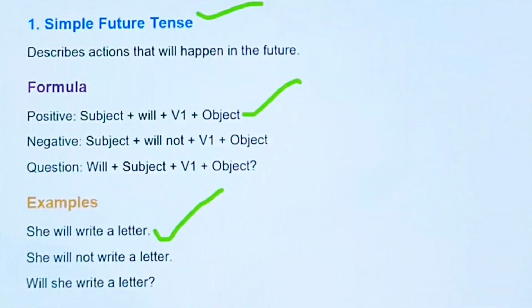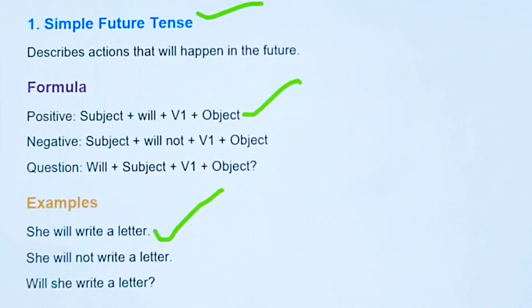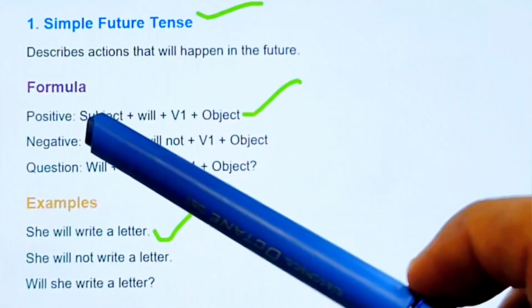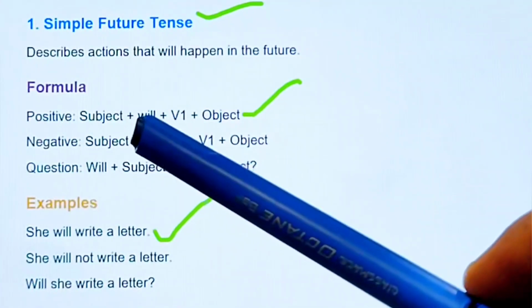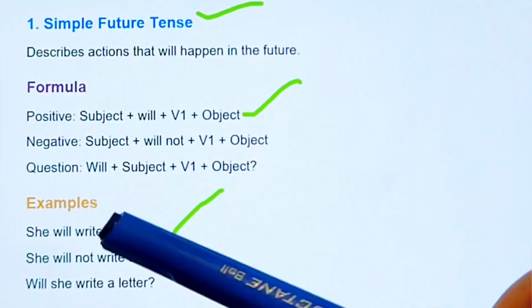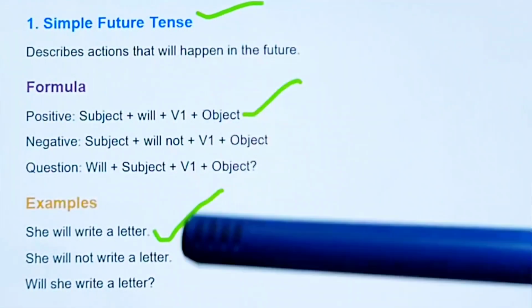She will write the letter in the future. She is the subject here, will is for future, write is the first form, and letter is the object in the sentence.